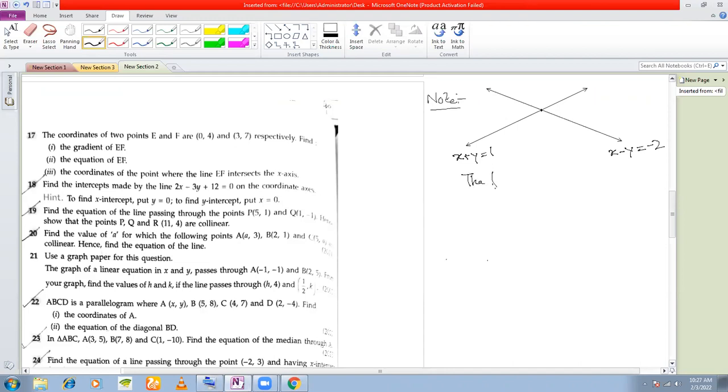The point of intersection of the 2 lines, let's call this point P, is obtained by solving the equations x plus y is equal to 1 and x minus y is equal to minus 2 simultaneously.